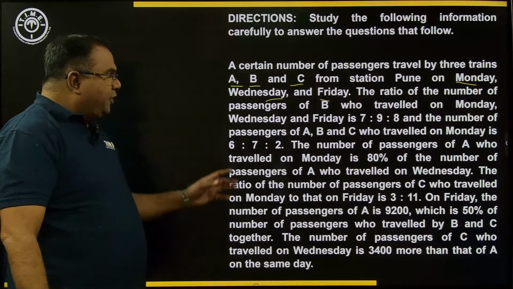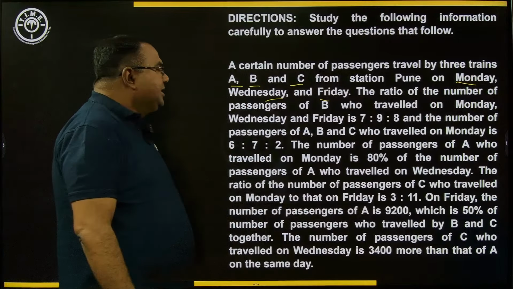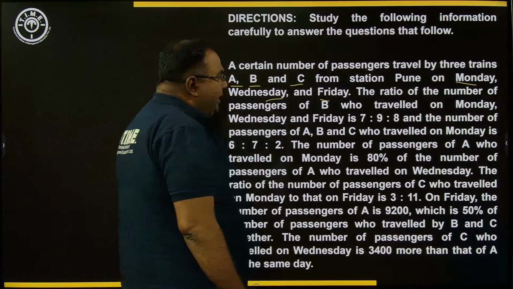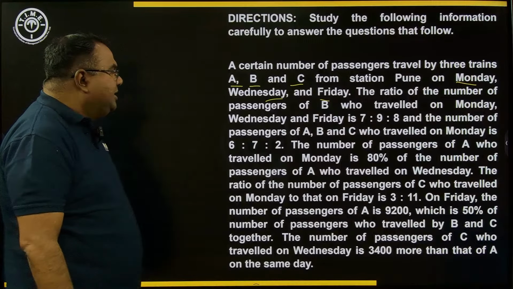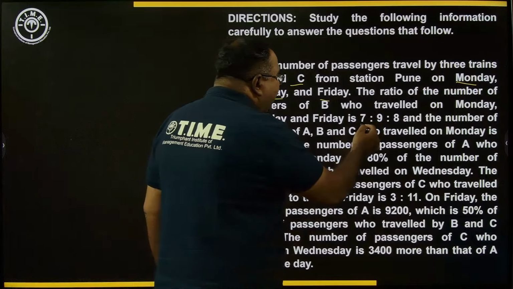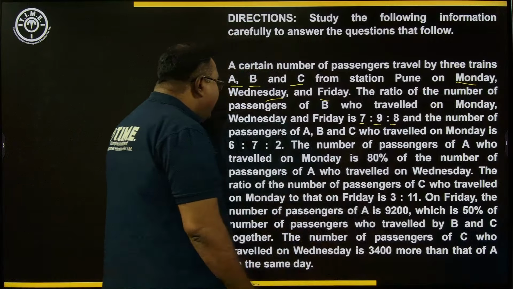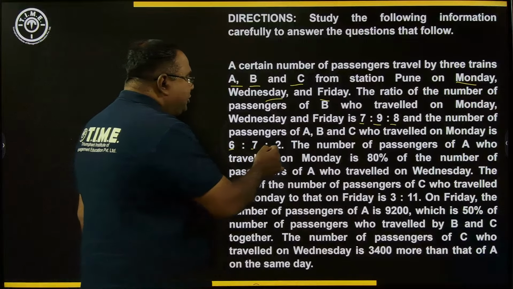The ratio of passengers of B who traveled on Monday, Wednesday and Friday is 7:9:8, and the number of passengers of A, B, C who traveled on Monday is 6:7:2. Okay, so it is about B information, Monday, Wednesday, Friday, and number of passengers A, B, C who traveled on Monday 6:7:2.